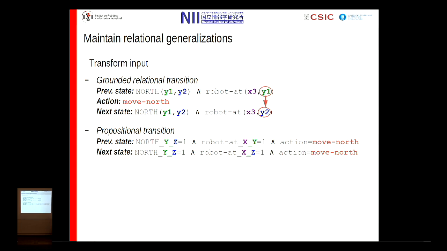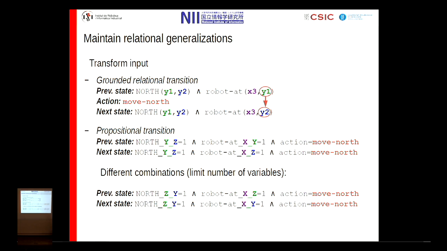And what we do is that for every object, we will transform the object into a symbolic variable. And as LFIT cannot model actions directly, we use a multi-value atom that we call action, and it takes as a value the action being executed. And we will have to use different combinations of symbolic variables, and so we will create many propositional transitions for every grounded input transition.